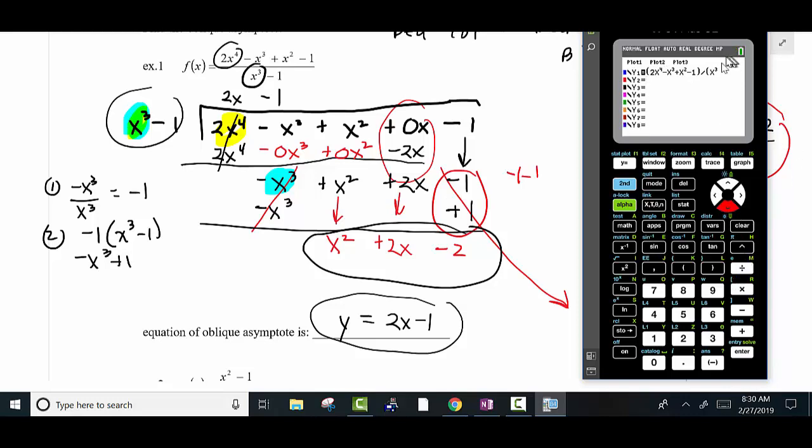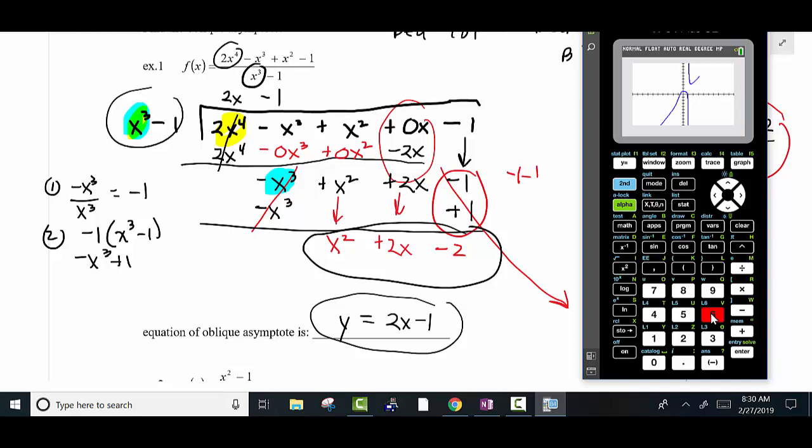It takes me forever to put stuff in this calculator. Just do it in a standard window to start with, and we'll see what we see here.